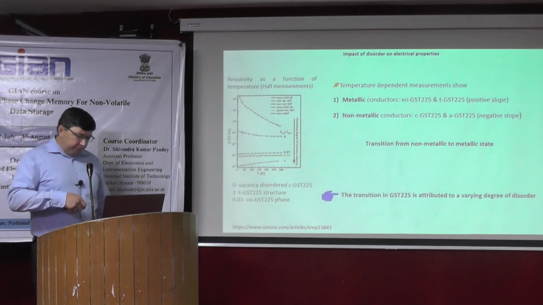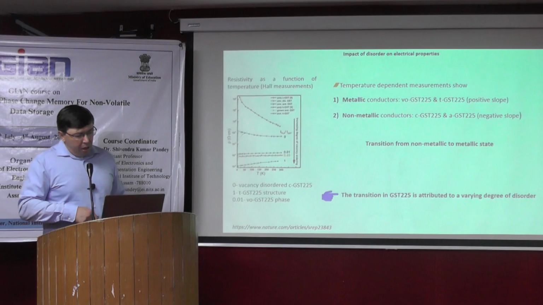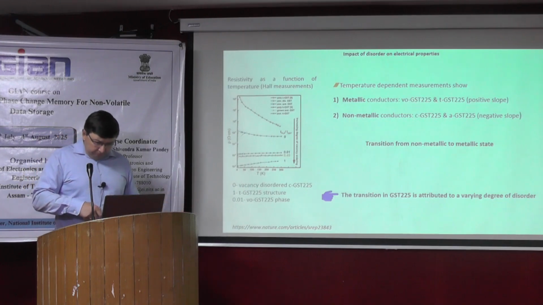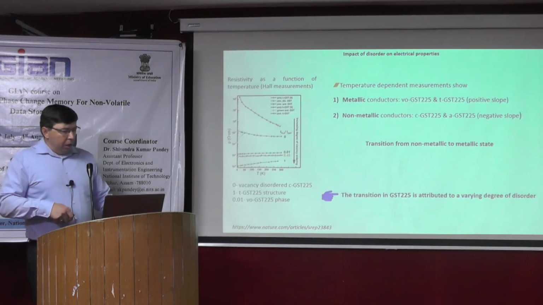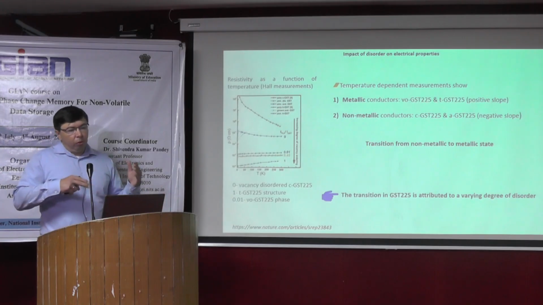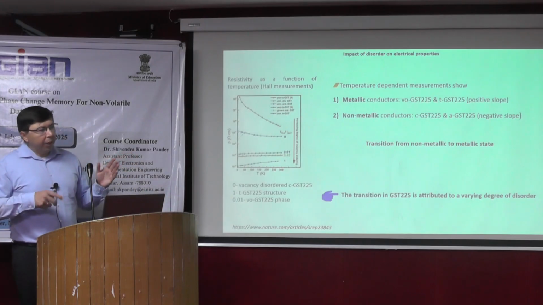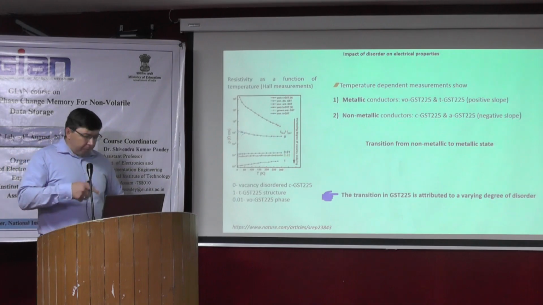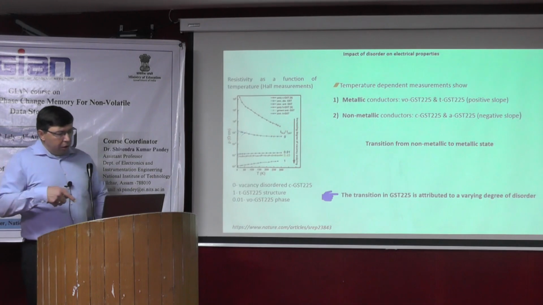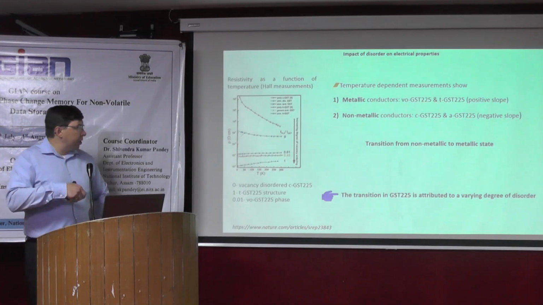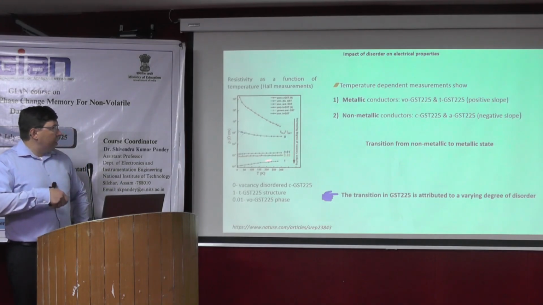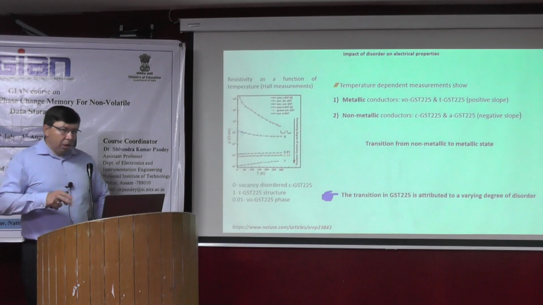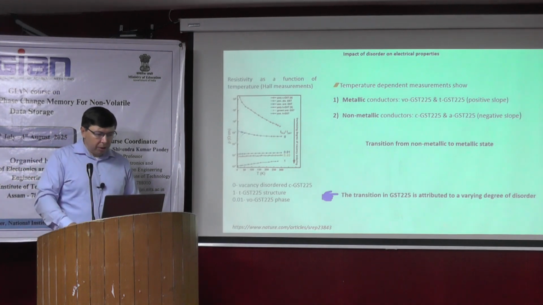The three crystalline phases differ in the structure, in the sense of the ordering of vacancies. The cubic phase has vacancies which are disordered on cation sublattices, and here they have vacancies which are ordered on specific planes. Today we will also consider this.